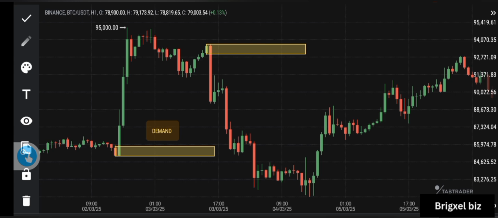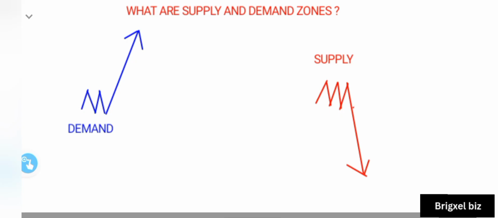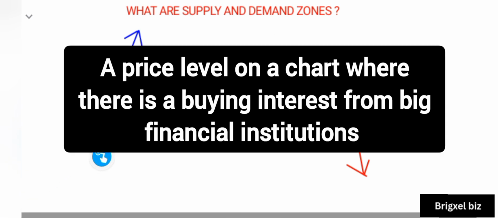So to get started, let's look at a simple schematic to help us conceptualize this, and then we're going to come back to the chart. So what exactly is a demand and supply zone? Ladies and gentlemen, a demand zone is an area or a price level on a chart where there is a buying interest from the big money.